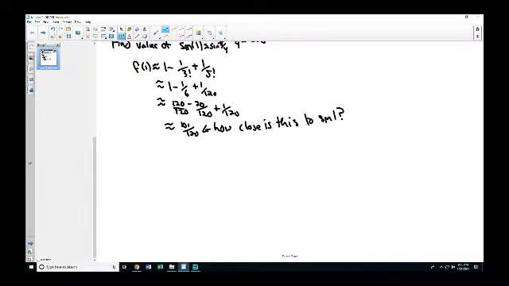And that is exactly what error bounding is all about. How close is your answer to the actual answer? It's within 0.0002.